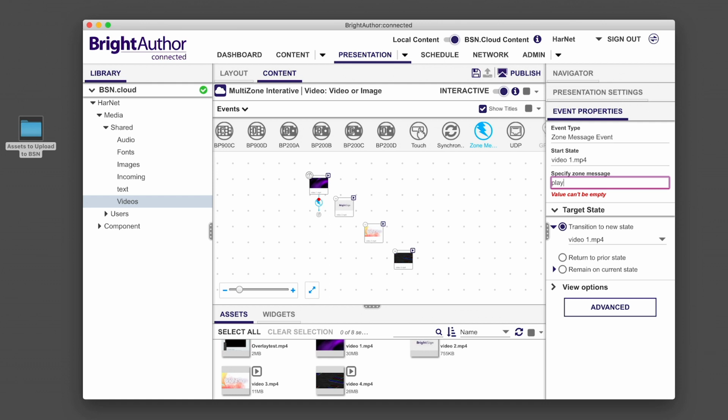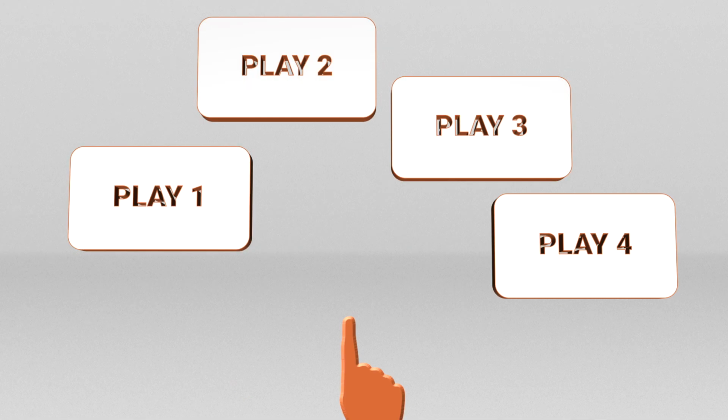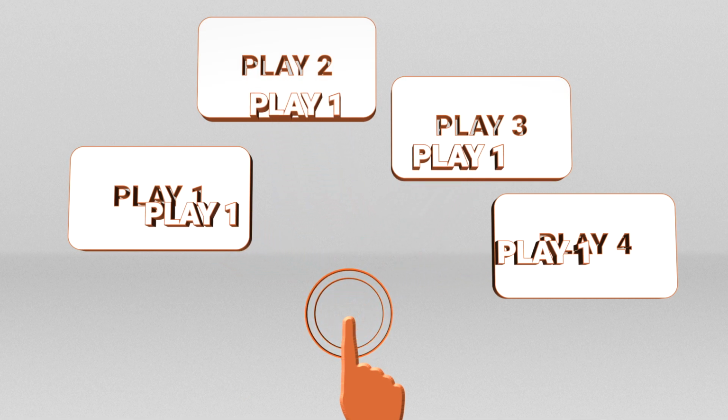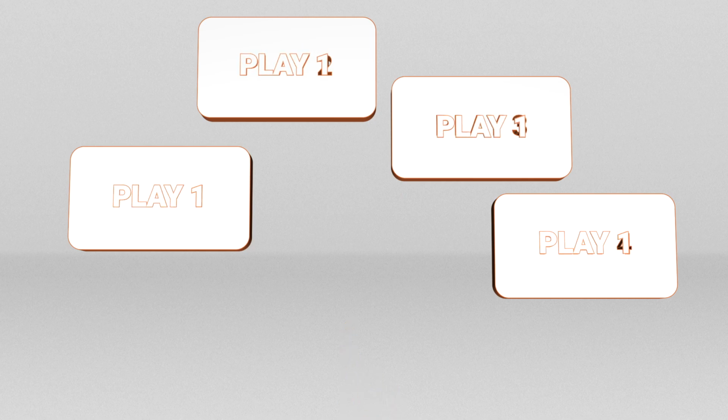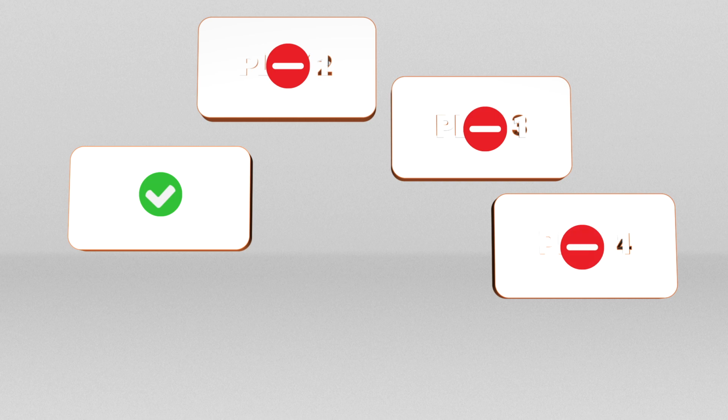With the first zone message selected, under Event Properties, specify the zone message as Play 1. Now when the first touch event is triggered, it will send a zone message with the value of Play 1 throughout the presentation, where it will be received by the Video 1 state.